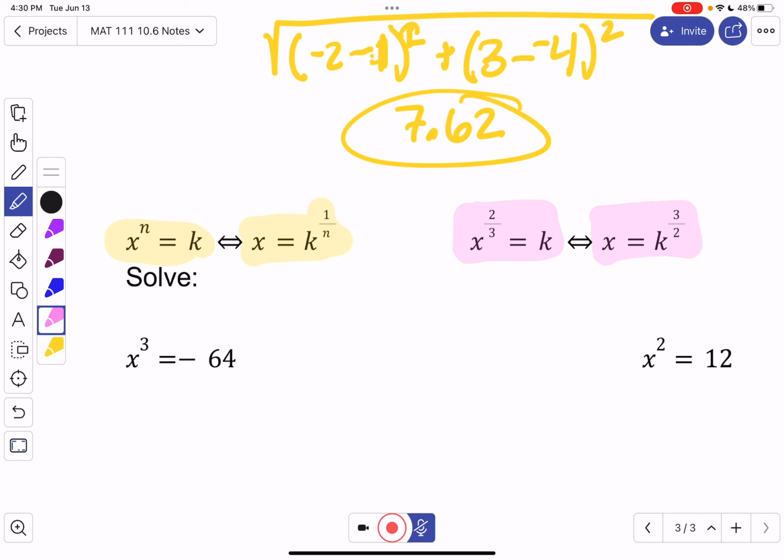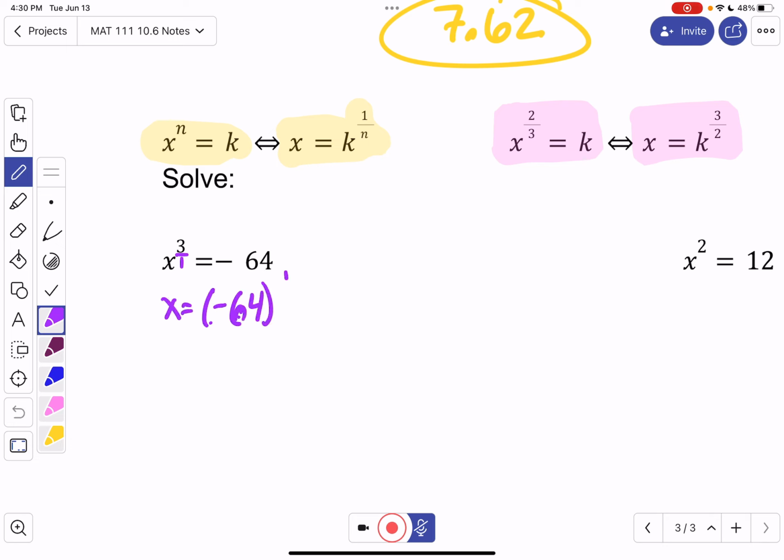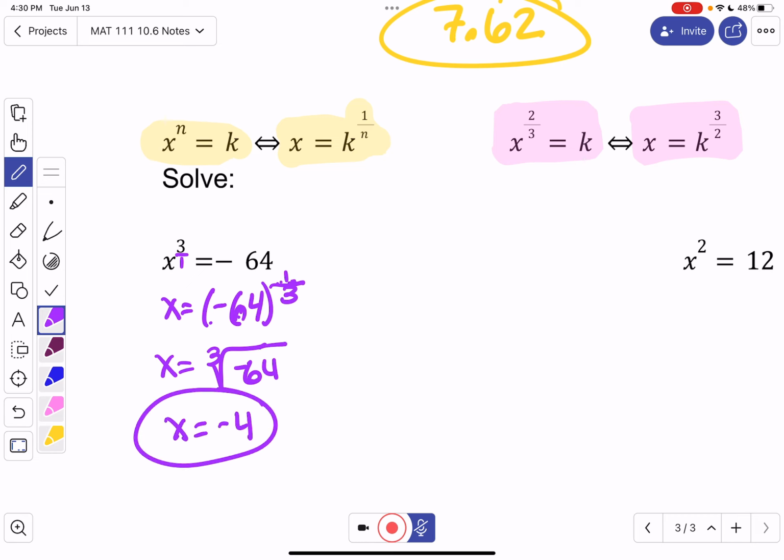Once you do that, you have your x alone. So let's look at this first one. A whole number is 3 over 1. So when you flip it, it becomes 1 over 3, which is the cube root. And the cube root of -64 is -4.